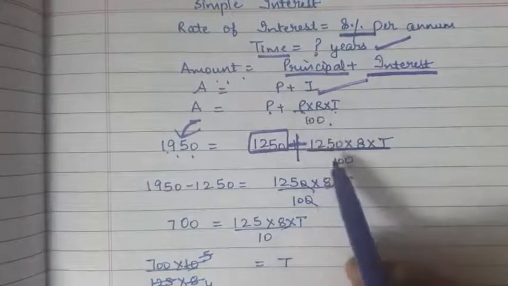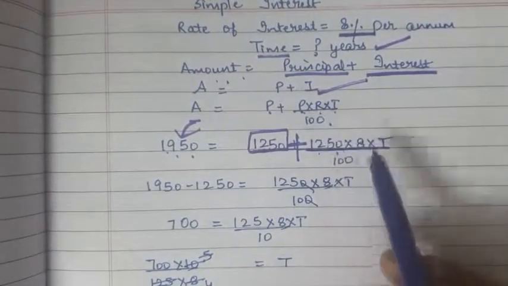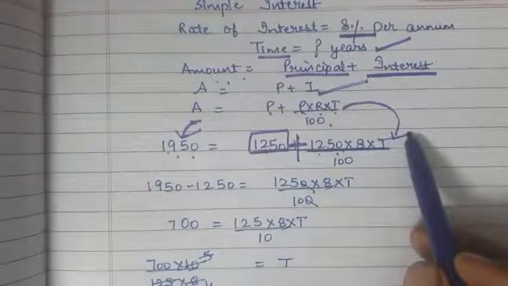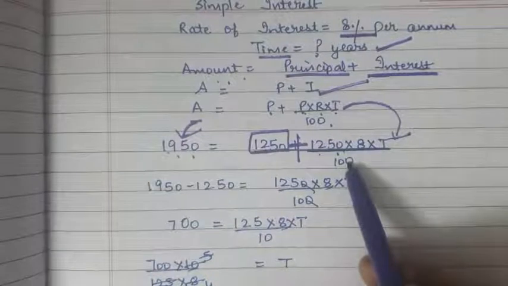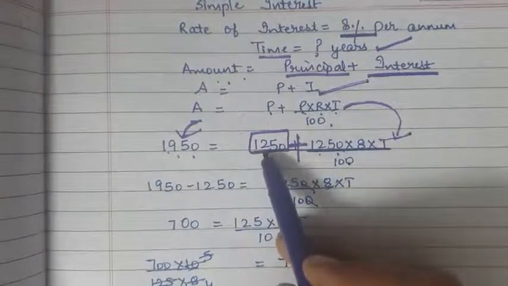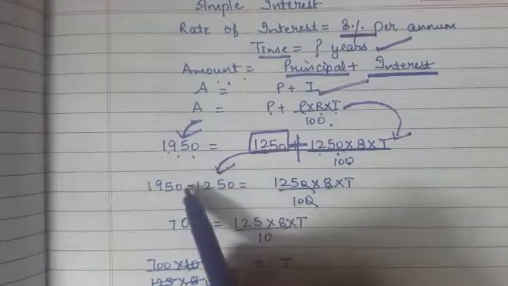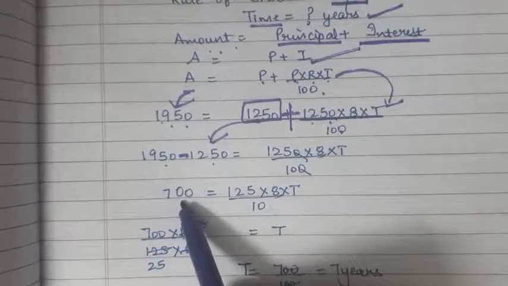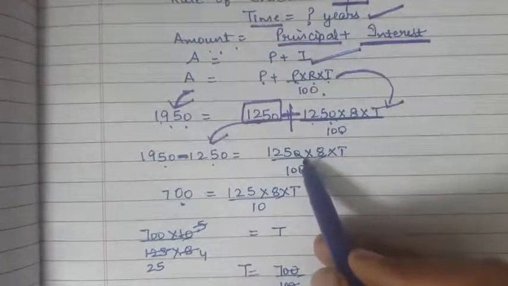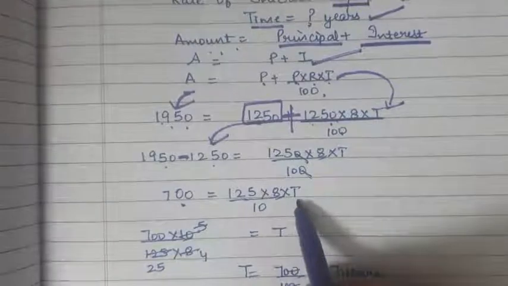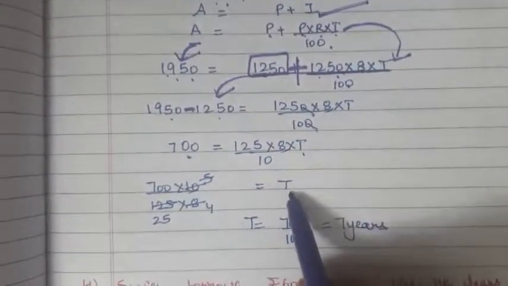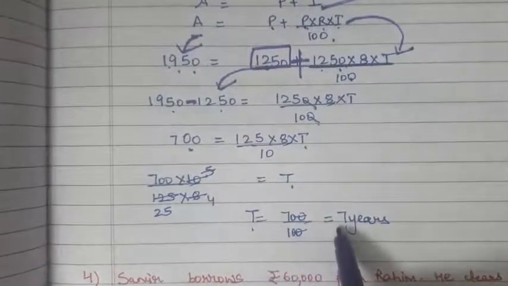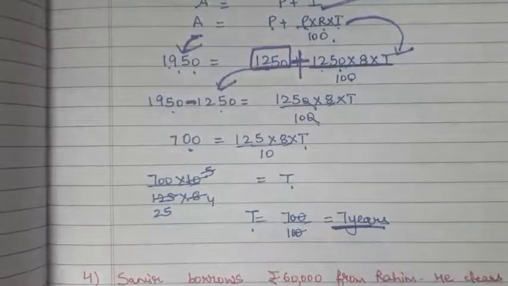Now principal is 1250, rate of interest is 8 and T that we have to find out upon 100. Now 1250 will shift to that side, it will become negative. Now it gives 700. Now 0 will cancel. Now we get this, and on simplification, on doing the cancellation, the time we finally got, that is 7 years.